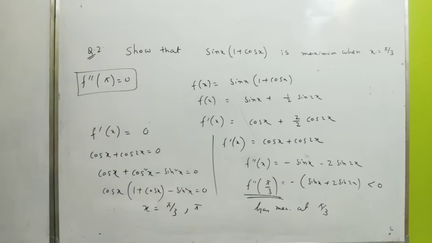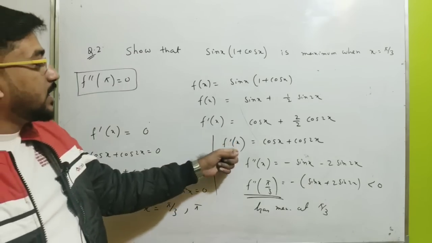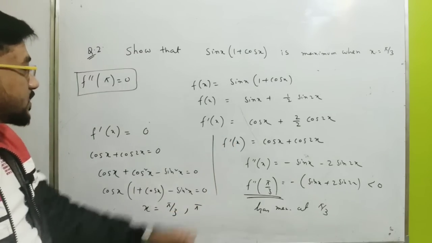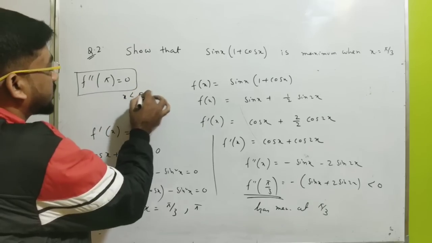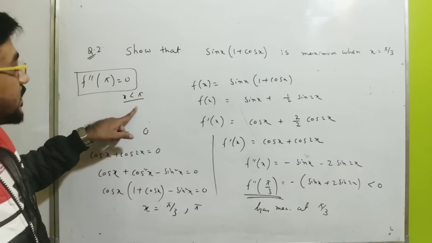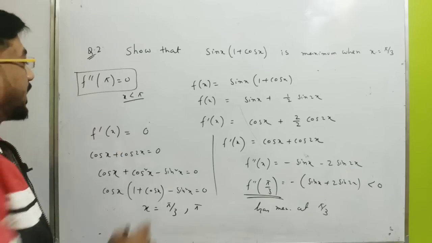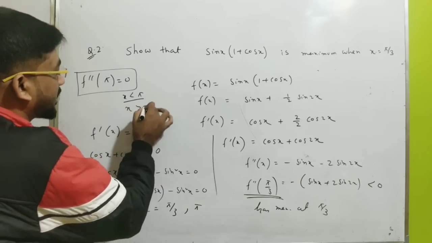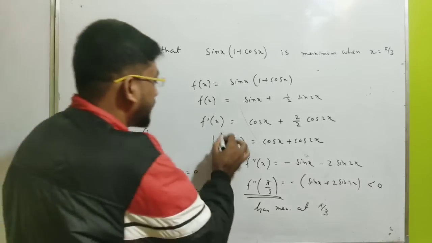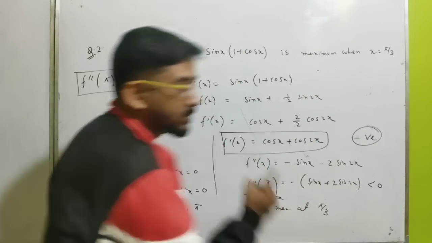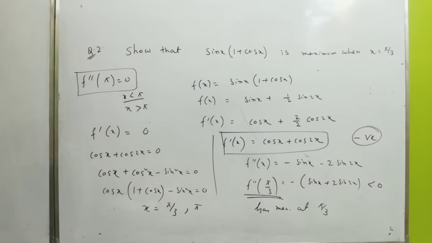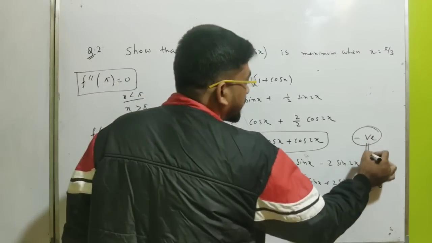We have to check the sign of f prime x, for x less than pi and x greater than pi. If you put these in, you will get negative both times.